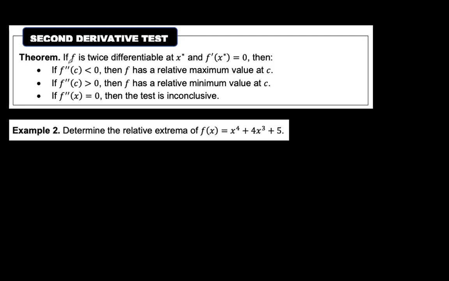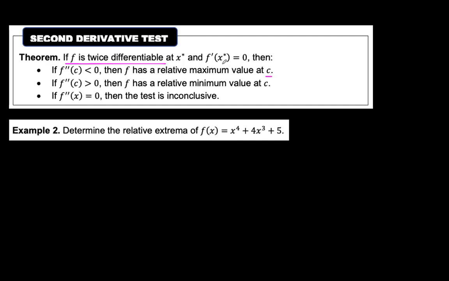Okay, so, sabi dito, if f is twice differentiable, medyo naguluhan ako sa term na to. Anyway, ang gusto lang sabihin nito ay if f is differentiable twice, at x asterisk and f prime of x is equal to 0.